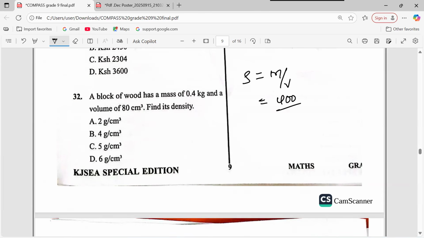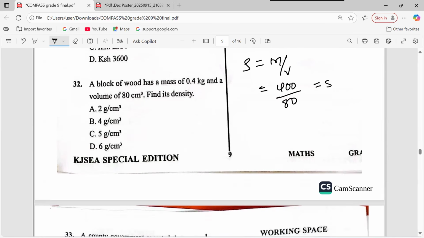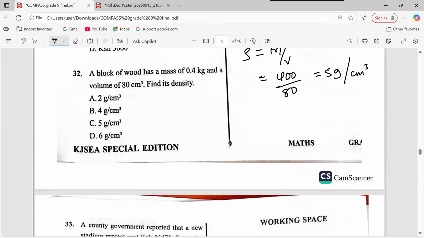This now should be divided by 80. When you divide mass over volume, 0.4 multiplied by 1,000 gives us 400 over 80, giving us exactly 5. These are grams per cubic centimeter, yeah, grams per cubic centimeter that way.